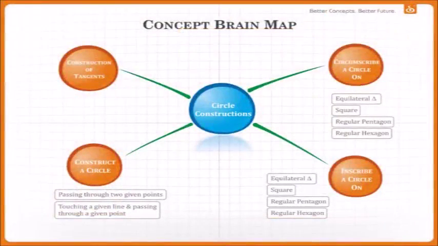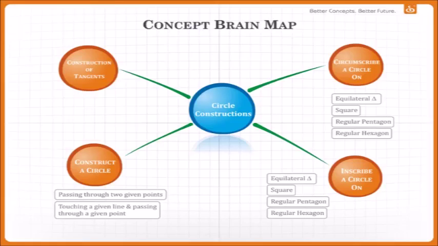We had seen the first type, that is construction of tangents to a circle from an external point. Here we were given the radius or the diameter of the circle and we were told to draw the tangents from an external given point. At times, we were also given the angle between the two tangents and we had to draw those tangents.